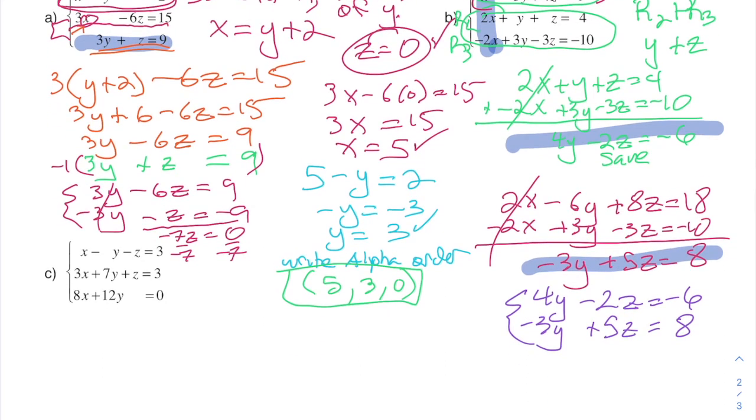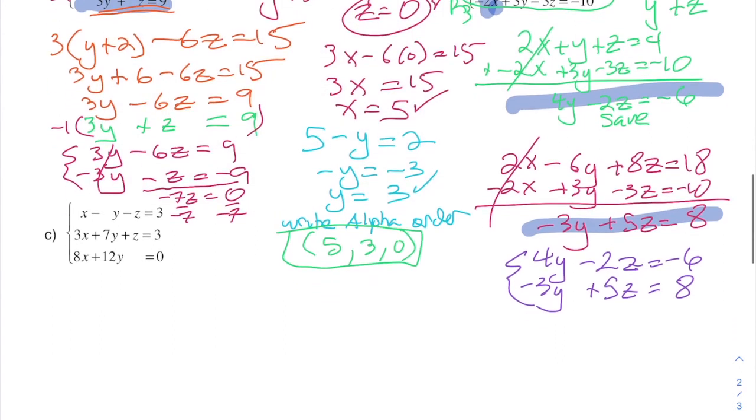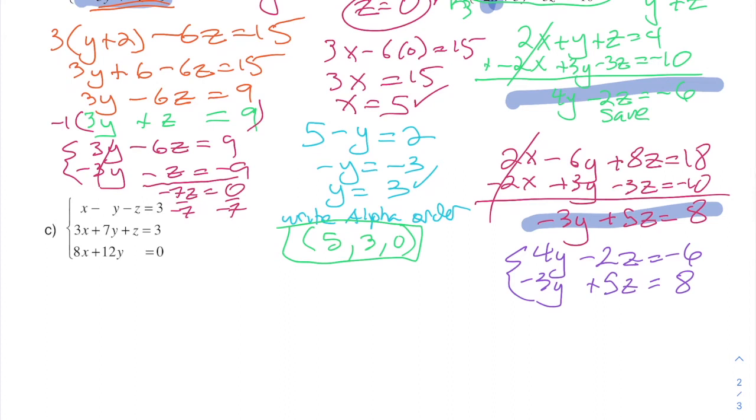And again, we're going to use elimination because I feel like it's the neatest and easiest to use. Looking at these, it doesn't matter which one you pick. If I want to get rid of the y's, I have to find something common between 4 and negative 3. And what always works is just multiplying by the other number. So I'm going to multiply the top by 3 and the bottom by 4. They're already opposites, so that's going to be easy to work with.